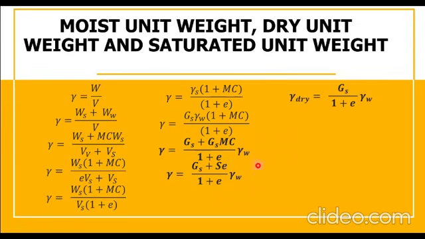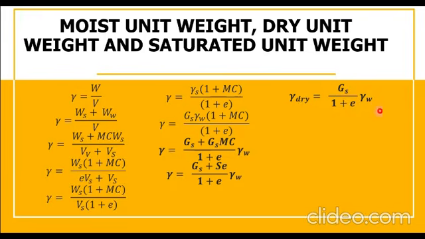So, if it's completely dry, there is no moisture content. This will be zero. That's why we cancel this. That's why the unit weight of soil in dry condition, or the dry unit weight, is just equal to GS over 1 plus E times unit weight of water.